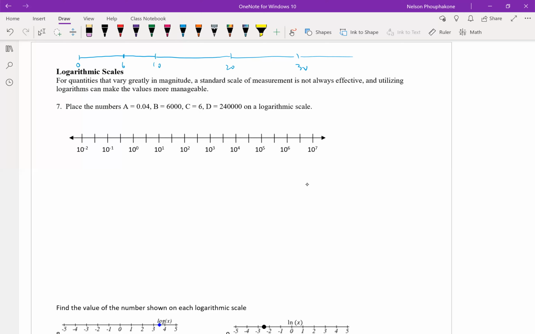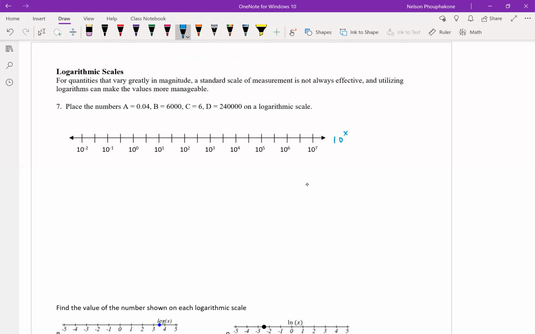So how do we actually work with the logarithmic scale? On the number line that you have, the scale is 10 to the x. What does this mean? It means that here you have 10 to the negative 2, 10 to the negative 1, 10 to the 0, 10 to the 1, 10 to the 2.